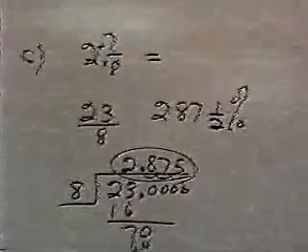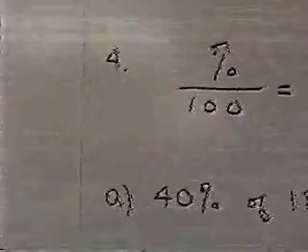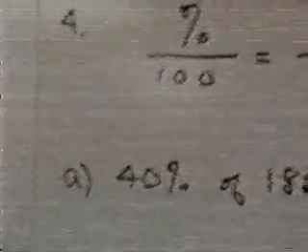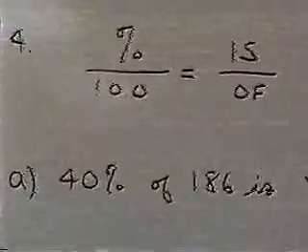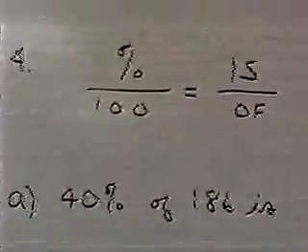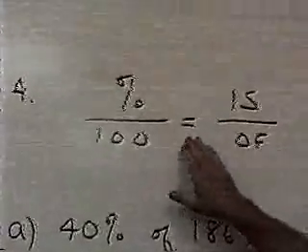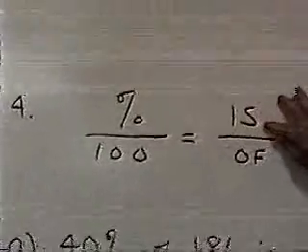All right. So let's look at number 4 in your notes. It says the general formula for finding the percent of a number is percent over 100 is equal to, and then have right here the word is and the word of.